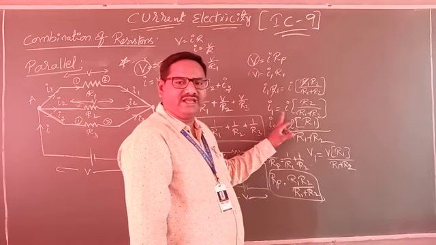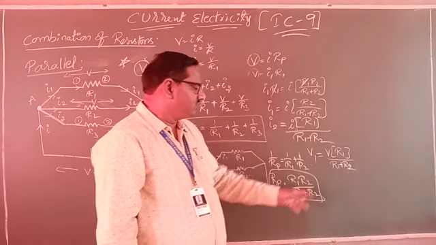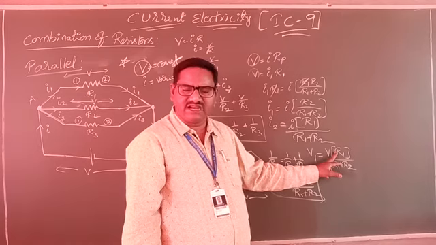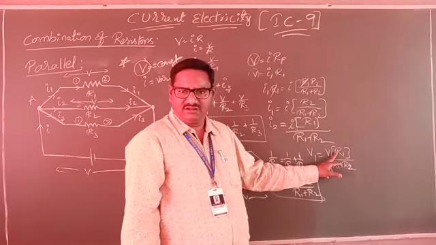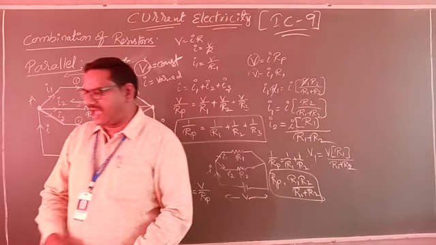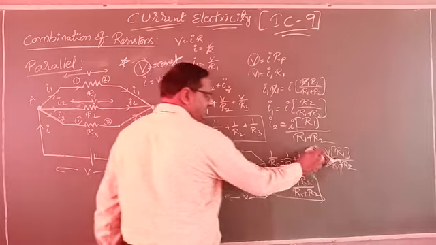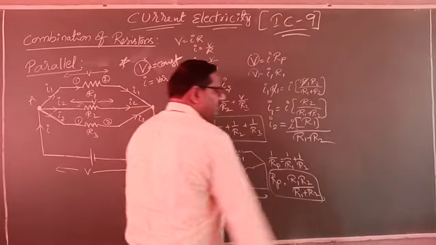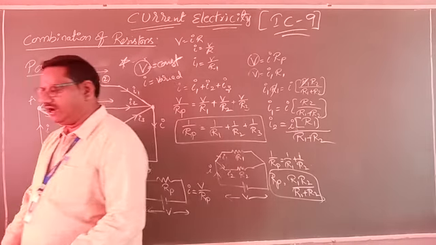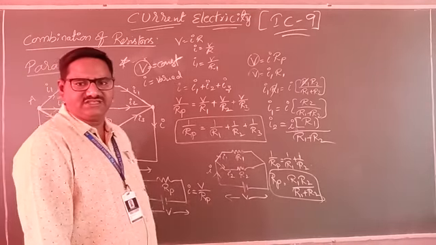Now you are measuring current, which is entirely different. Which branch current you want, you take the opposite branch resistance. Clear? These are all most important. Try to understand. These are all series and parallel combinations of resistors.